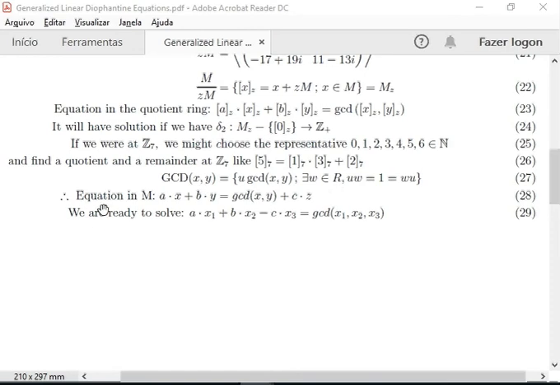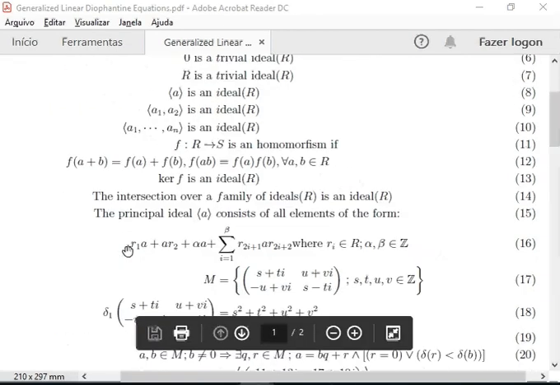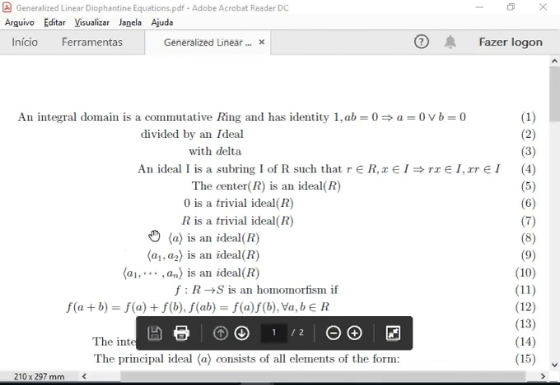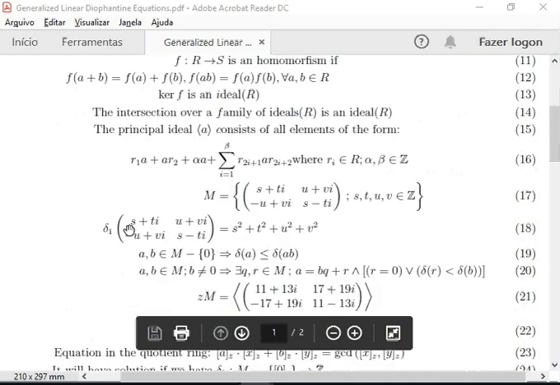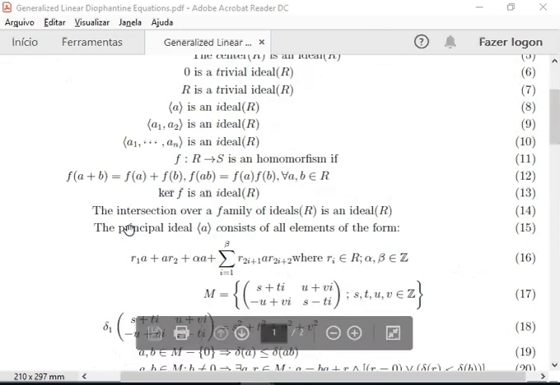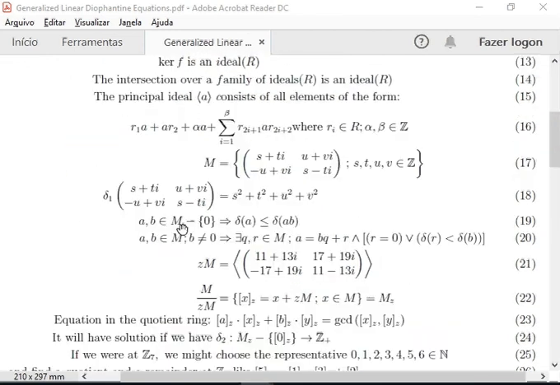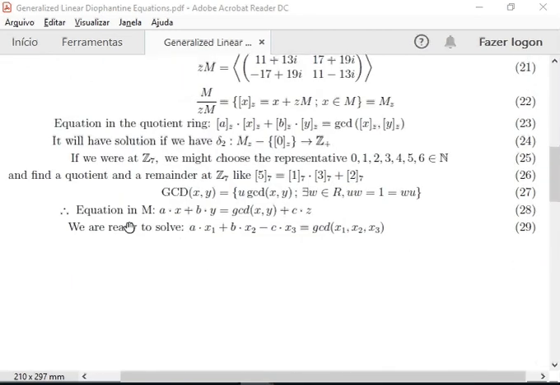So our equation might be simplified. In this case, not in every case. In the case we're using an ideal, a principal ideal generated by A, the equation becomes ax plus by equals GCD of x and y plus CZ. Why?